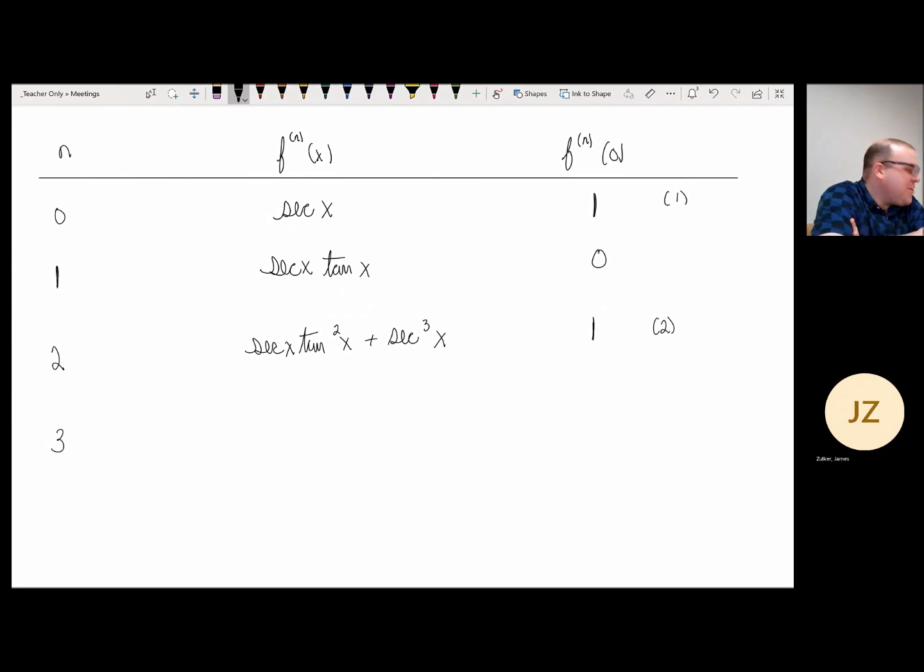Third derivative. Not look right to me, but assuming it is.